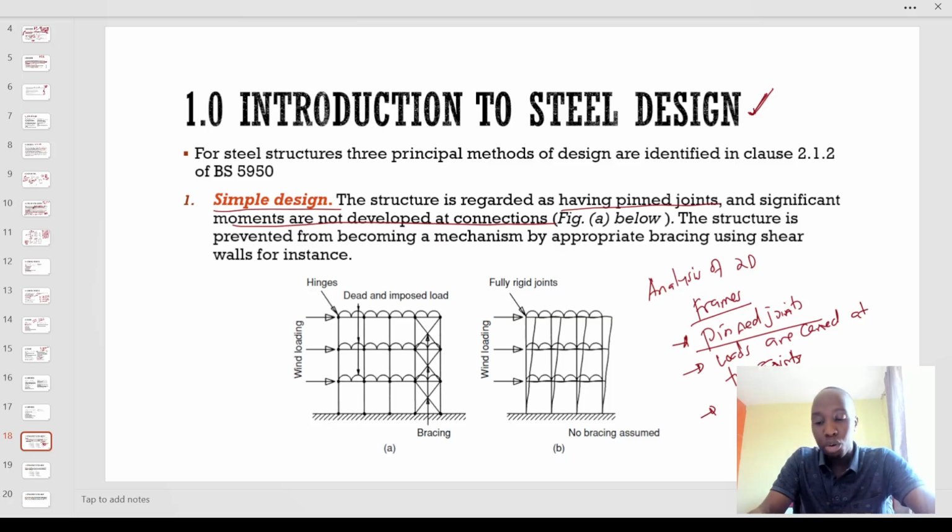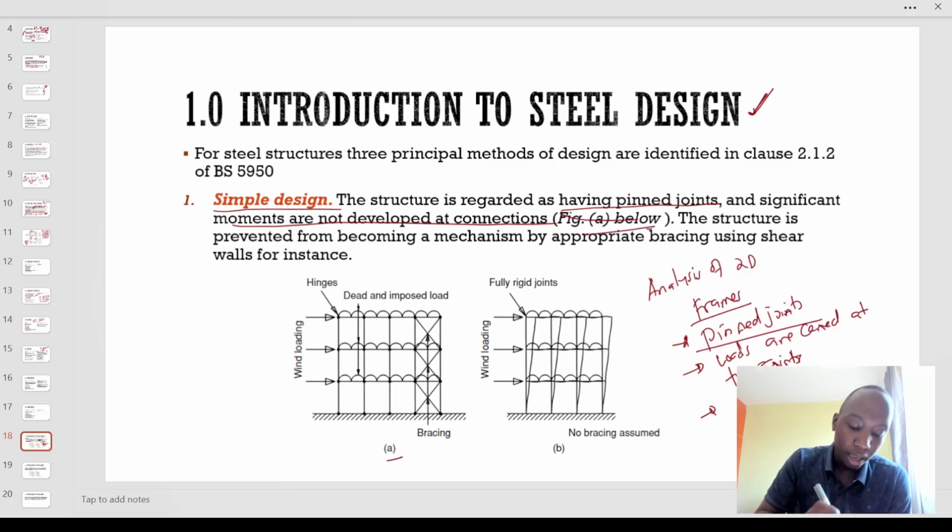If they could be fixed joints, then we could have three reactions. We could have the horizontal reaction, we could have vertical, then we could also have moments. But in this case, we are considering that they are pinned joints and that significant moments are not developed at the joints. Consider figure A below.